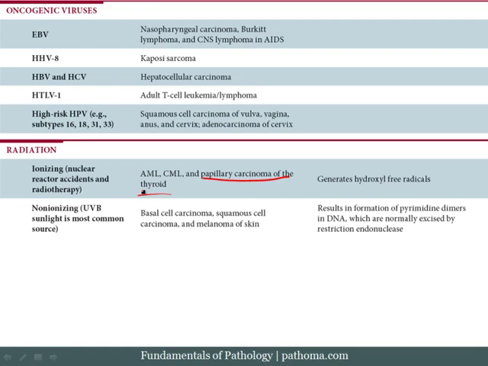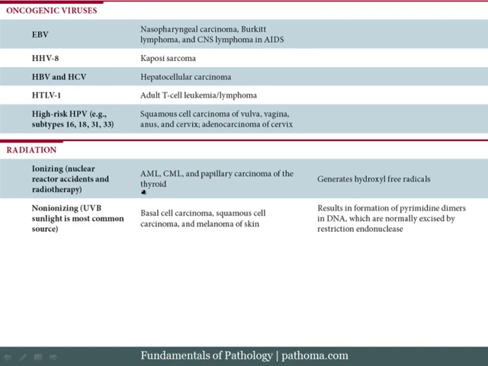So water within tissues gets hit by the ionizing radiation, and as a byproduct of that damage, hydroxyl free radicals are generated, and those hydroxyl free radicals can damage DNA, increasing the risk for mutations, increasing the risk for formation of cancer. So that is ionizing radiation.